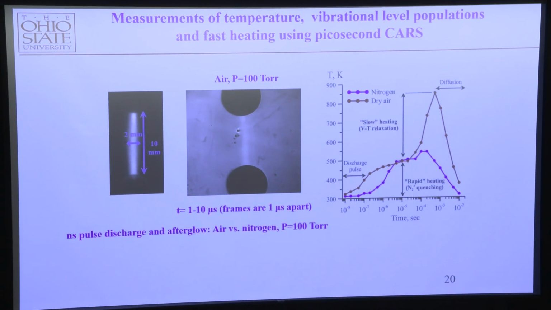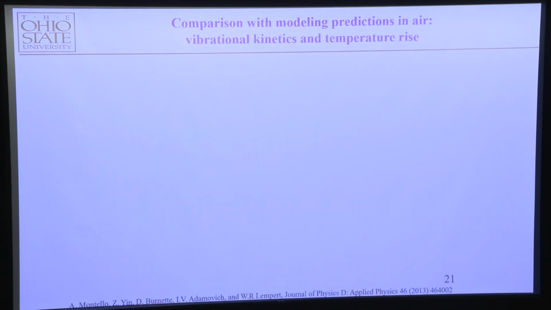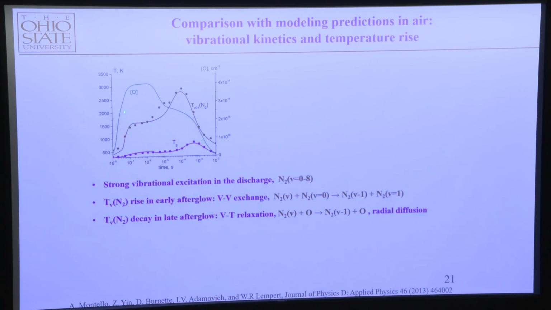They measured atomic oxygen using TALIF, the vibrational nitrogen temperature, and the rotational temperature. So this CARS measurement allows them to measure the non-equilibrium temperature distribution in the plasma as a function of time, and by adding a TALIF measurement, you can measure atomic oxygen.